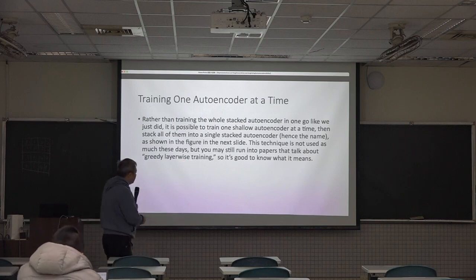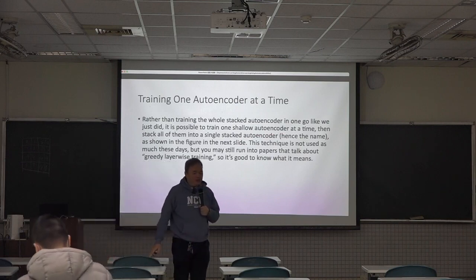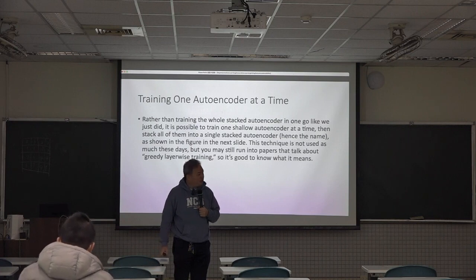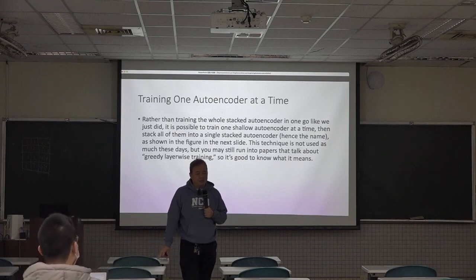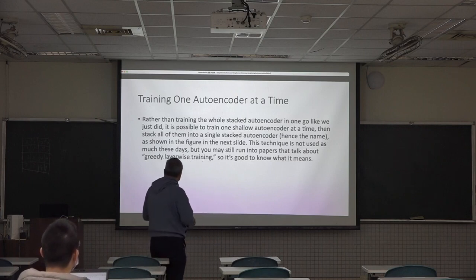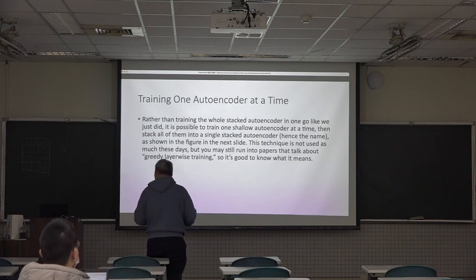This is especially useful when you do not have many methods to fight vanishing gradient. Remember, in the old days, training a deep neural network was so difficult, so they used this greedy layer-wise training to train a deeper neural network.